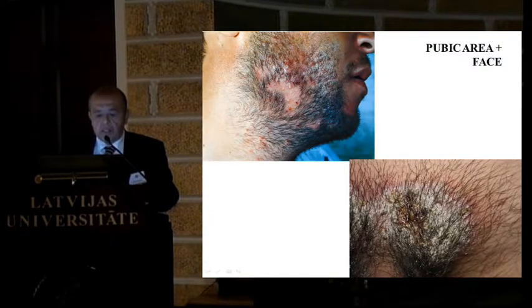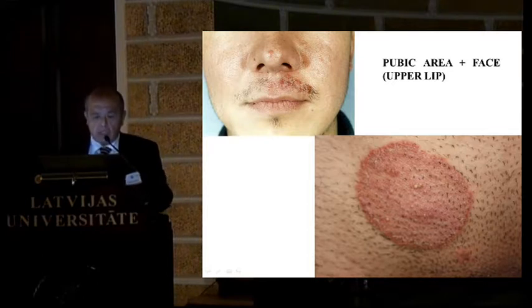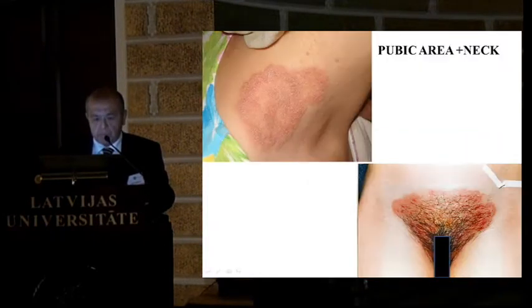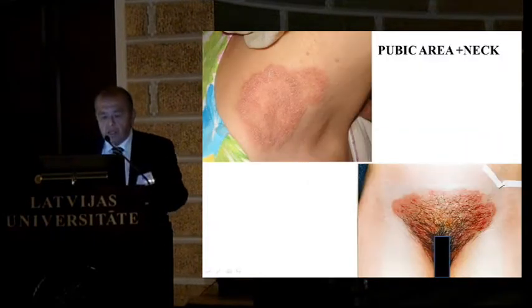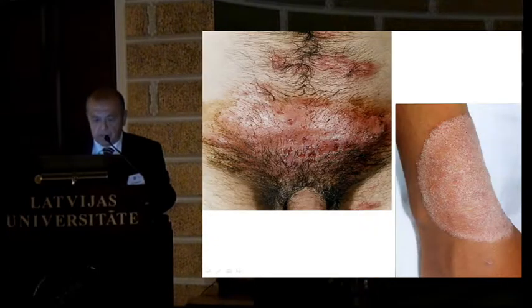Here, we see the pubic area and the face in a patient. Here, the pubic area, and in this patient the infection area was the upper lip. Here in this woman, you see in the pubic area some pustules, crusting, and in the neck inflammation stage of disease.